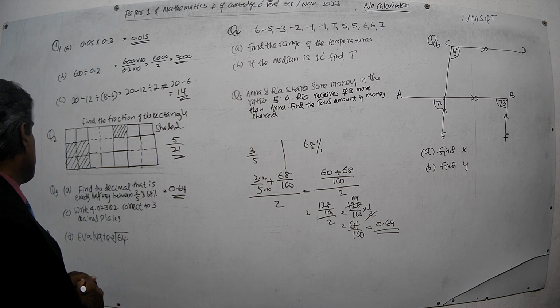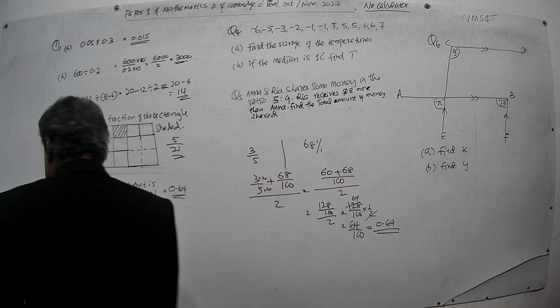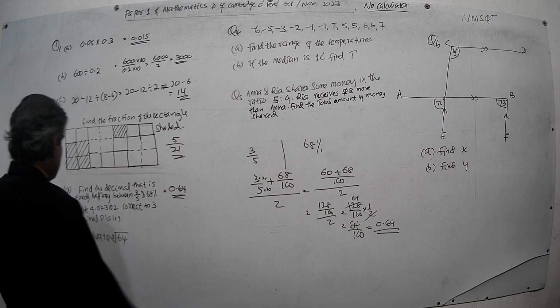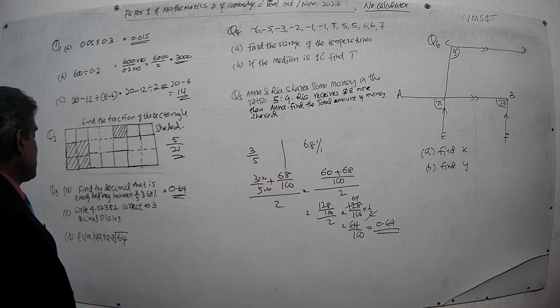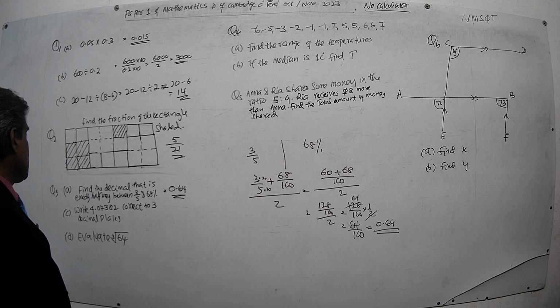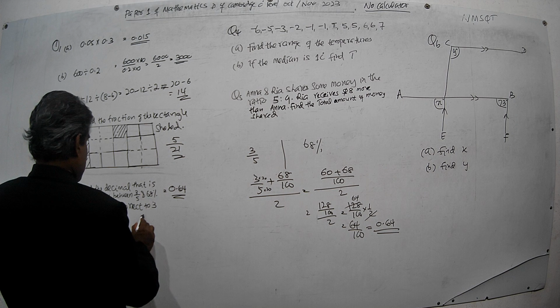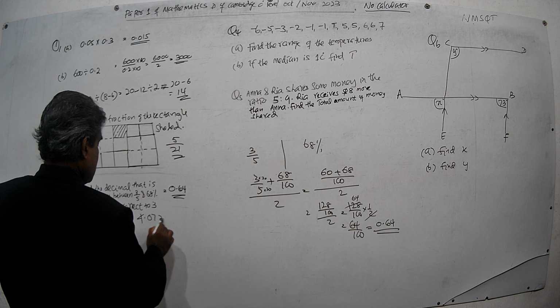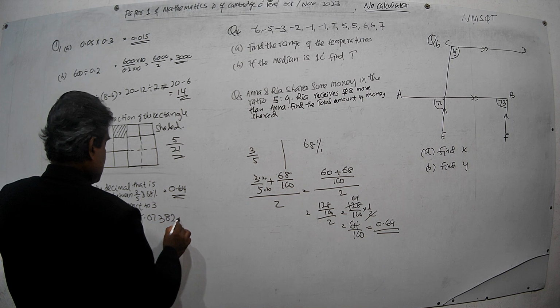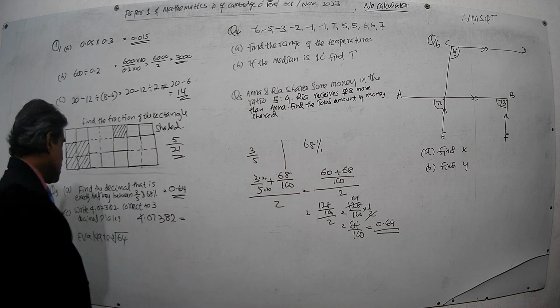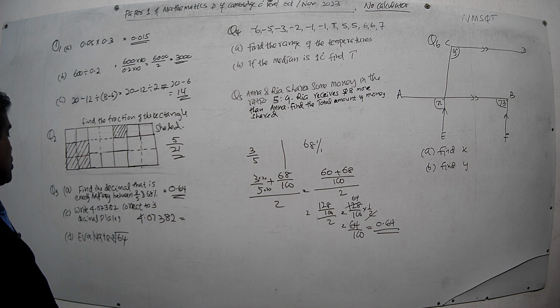That's a very easy question. They say write 4.07382 correct to 3 decimal places. You have to write this correct to 3 decimal places.